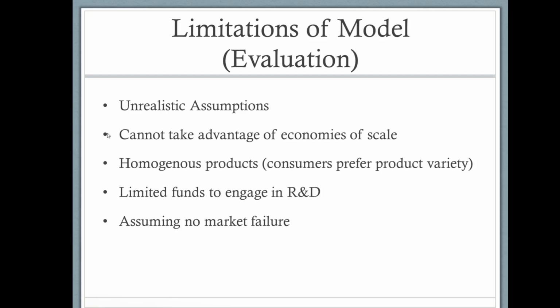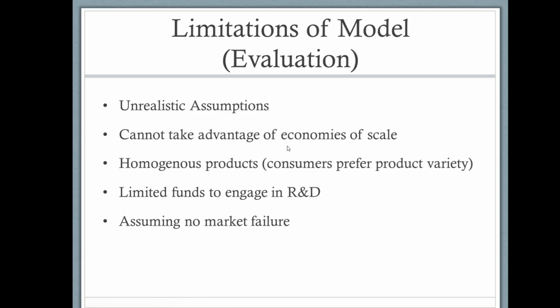The first one is the most obvious limitation. We just said this: the assumptions we have for perfect competition are very unrealistic, because you will not be able to find this in the real world. That's why it is just a reference. You can never find this in reality. So that is one of your limitations.